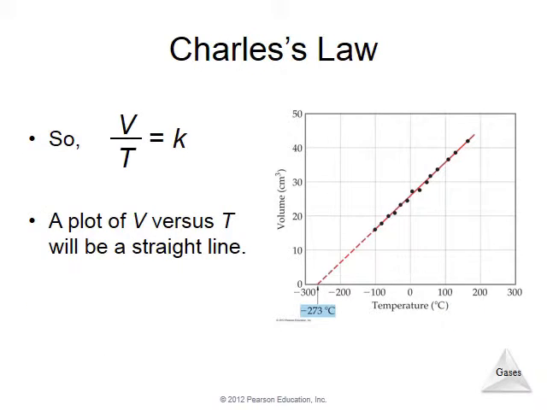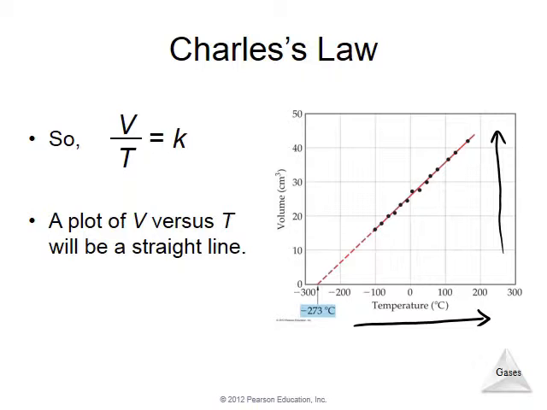Now if we look at a plot of volume versus temperature, we see that as temperature increases across the x-axis, the volume increases along the y-axis. In the Boyle's law plot, the plot of V versus 1 over P is linear. For this one, V versus T is linear.